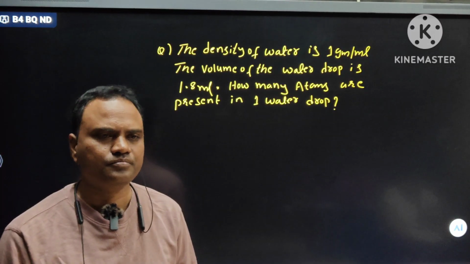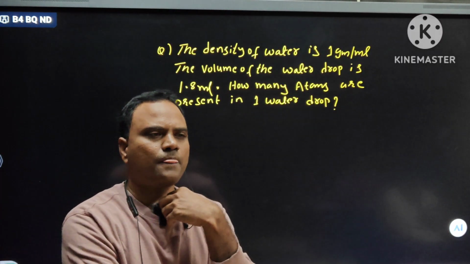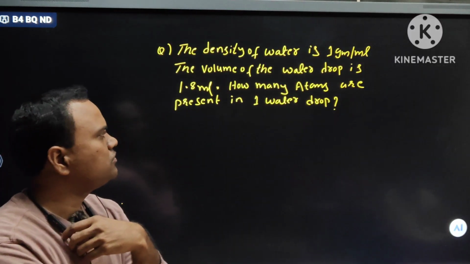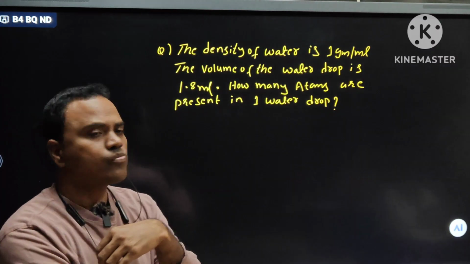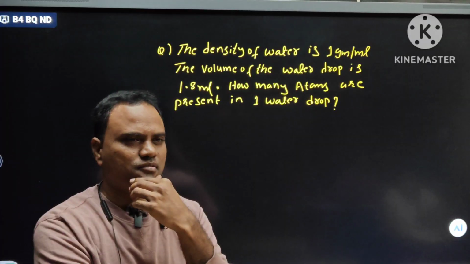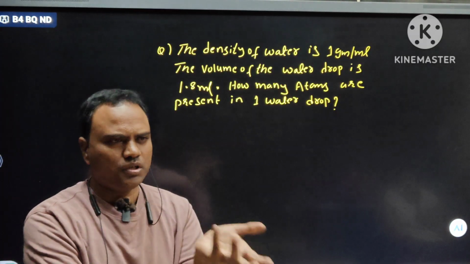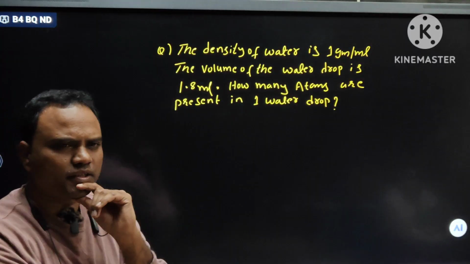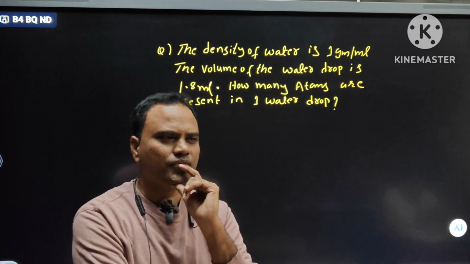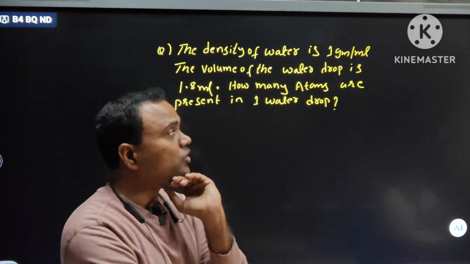Look at this. You tell me. When we calculate number of atoms, if we know weight, and gram molecular weight we know, that is fixed. So if we know the weight, then we can find the number of atoms. Then how to know the weight?